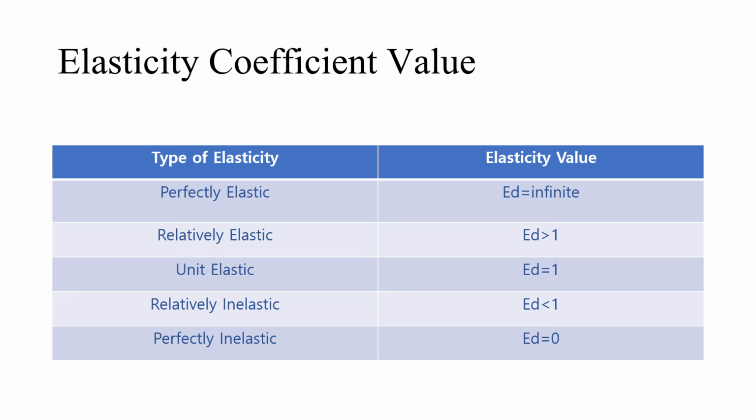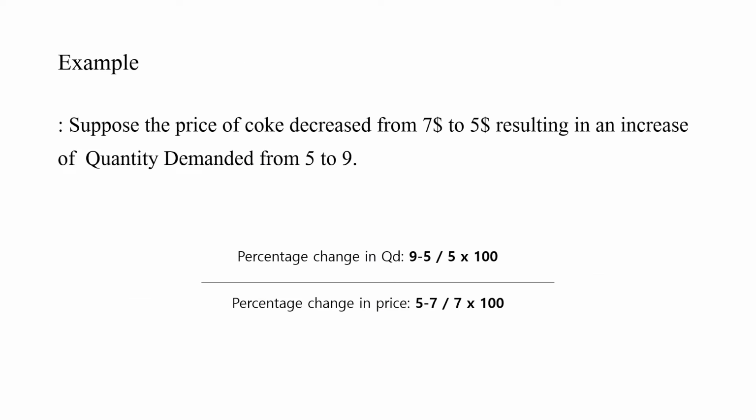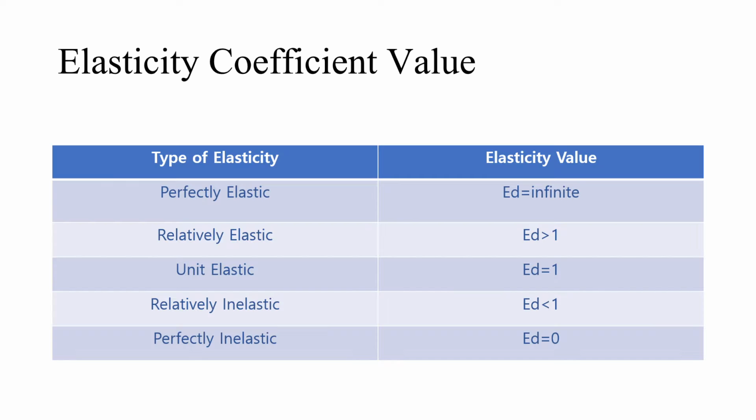Moving on, this is the elasticity coefficient value. The values resulting from these formulas help us to determine what the value actually shows. And keep in mind that our coefficient values would always be the absolute value of our results.